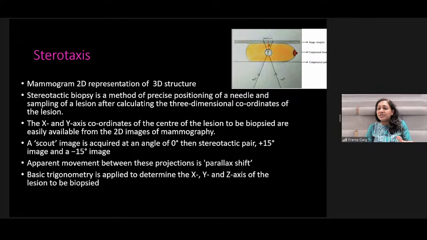We take two images at plus 15 degrees and minus 15 degrees, and the shift of the image, also known as the parallax shift, is used to calculate the depth of the lesion. Based on the shift of the image, the depth of the lesion is calculated, and that is stereotaxis.